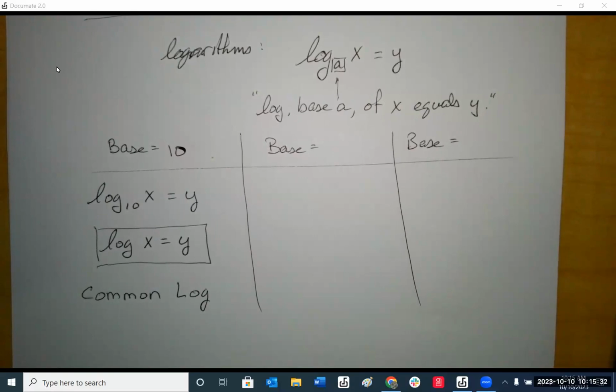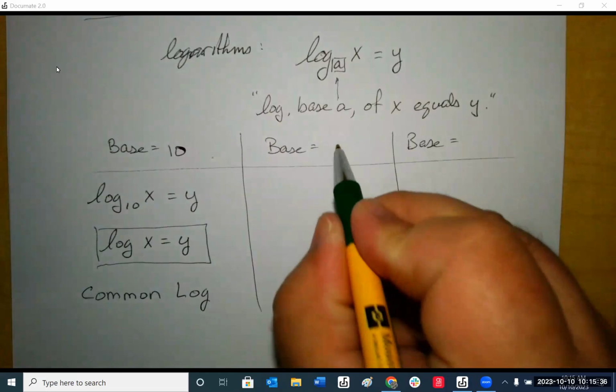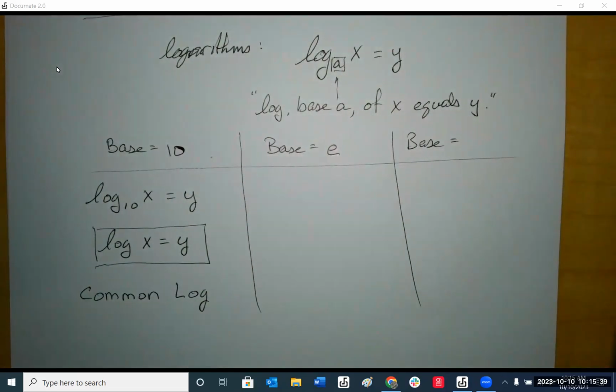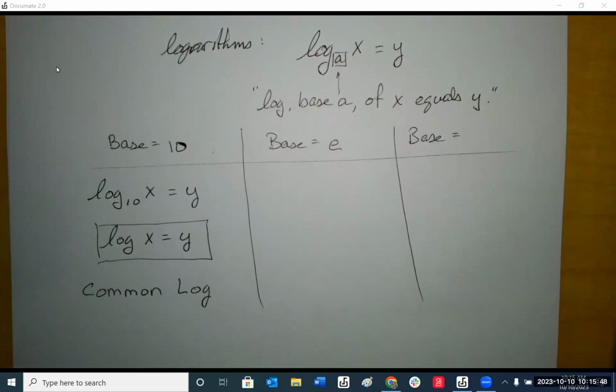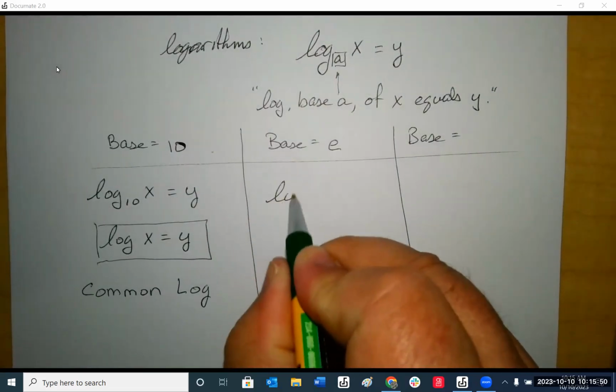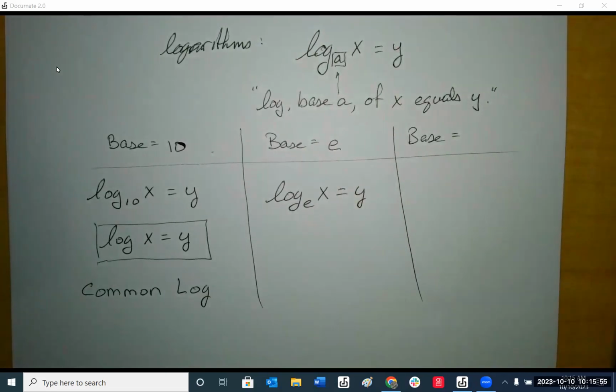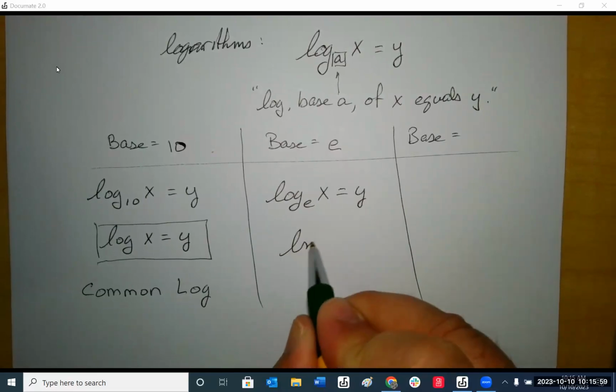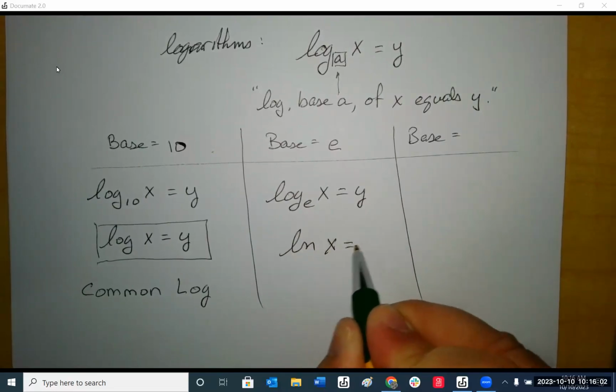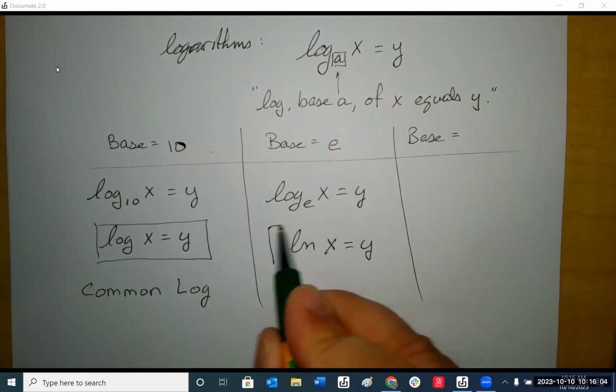Undoubtedly, you all heard of the letter E, the number E. It's a constant. If we have our base of E, which is 2.718, I forget what it was, it's some constant number. If we have a log base E of x, then we would write it this way.